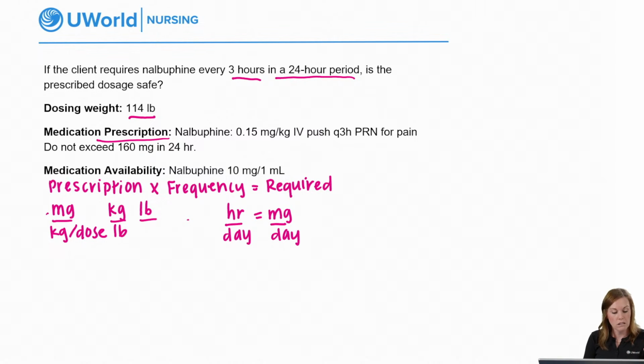We know that currently the frequency this medication is being given is in hours. So for every dose, it's being given in 3 hours. And then what we're looking for is hours, a culmination of what's given in a day. So we're going to convert hours and days. Okay, so knowing that, let's put our numbers in. I'll let you guys answer, and then we'll see if this medication is safe or not.